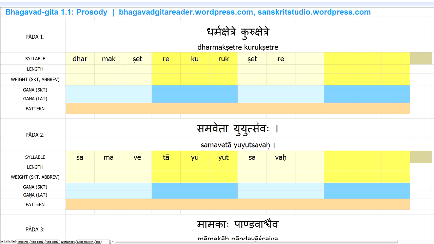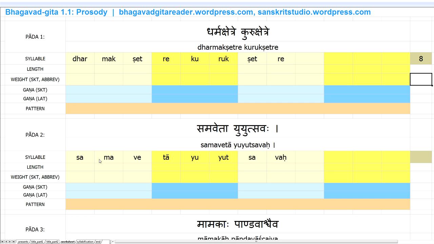All right, so we have done this, and then what we do now is we see how many syllables we have found in each pada, and 1, 2, 3, 4, 5, 6, 7, 8. There should be 8. Or there are 8.